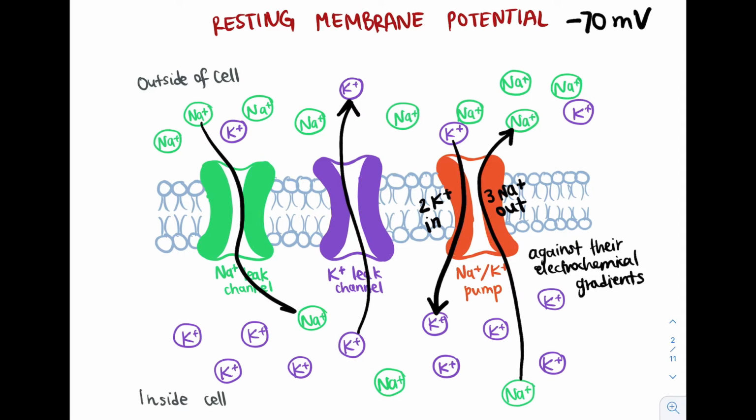Sodium leak channels are going to let Na+ enter the cell. But since way less Na+ is entering the cell, we are removing more cations, as in K+, than we are bringing in. So the key channels that maintain resting membrane potential are the leak channels and the pump.